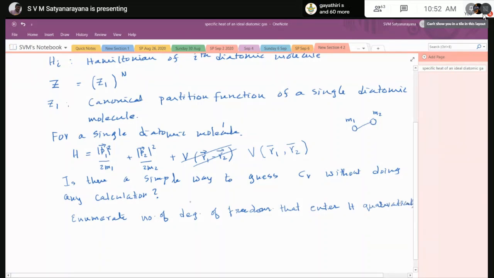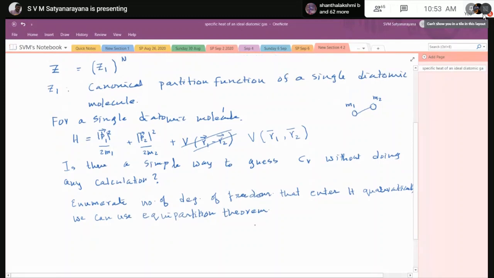Because if we can find that, then we can use equipartition theory. Okay, so how many degrees of freedom are there such that there is a quadratic representation of those degrees of freedom in the Hamiltonian?